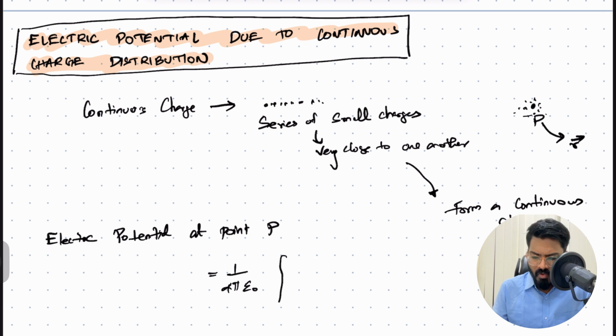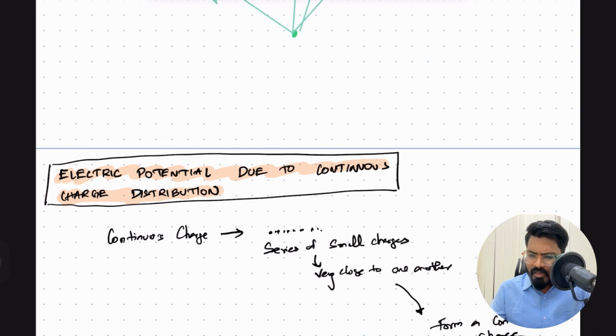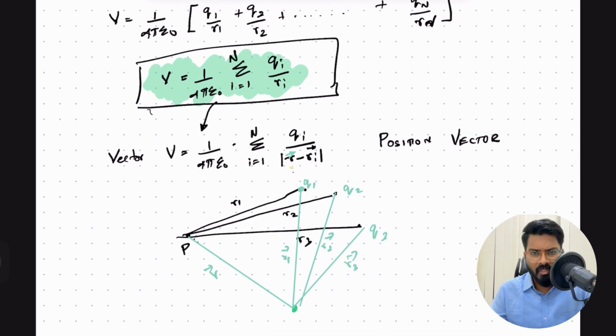Instead of summation, I'm going for integration, because I'm looking at a small change, so dq, divided by the magnitude of r vector minus ri vector. That is the electric potential, which is the same as the previous formula we just derived.